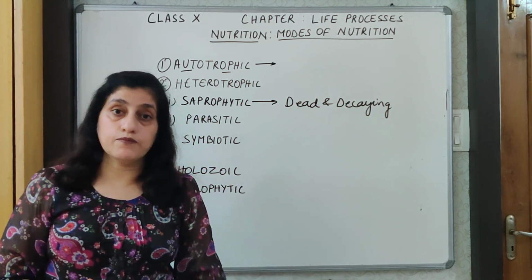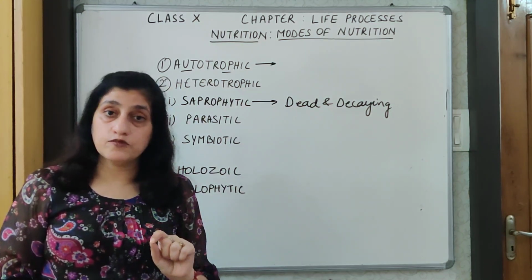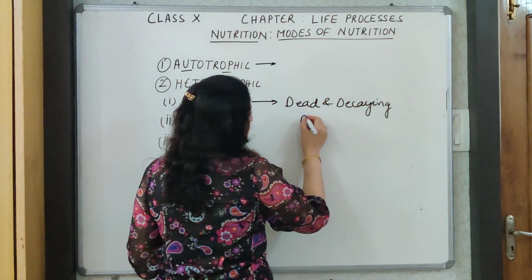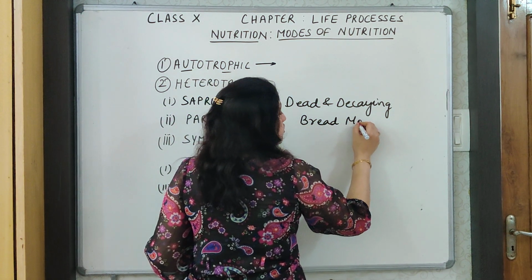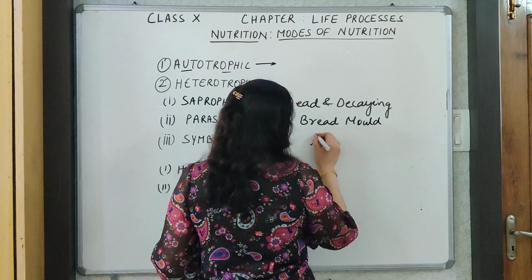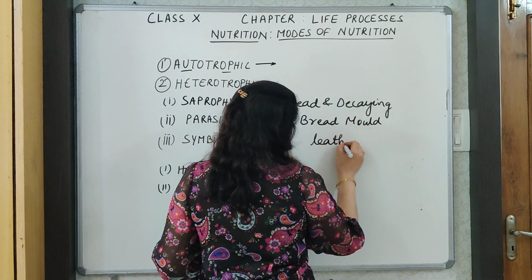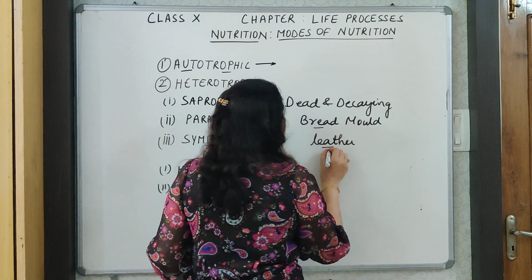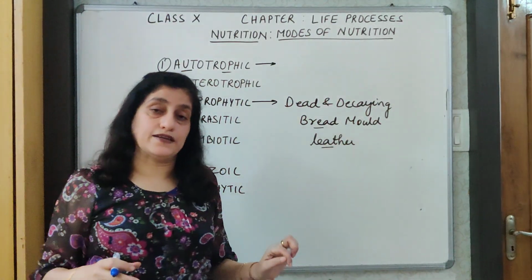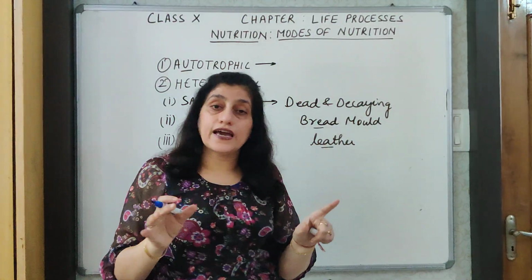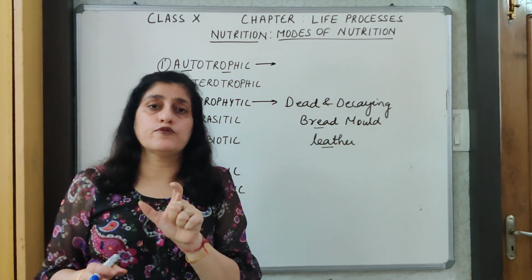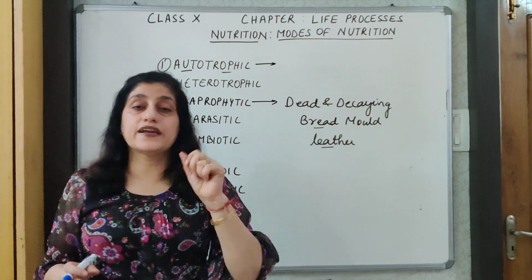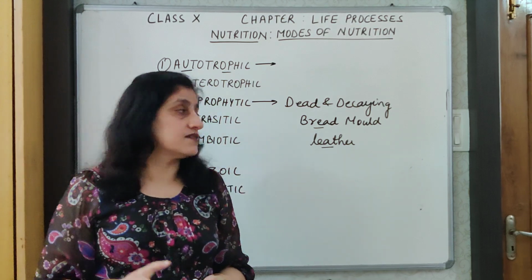I'll give you an example. You have studied bread mold or the bread fungus, the fungus which grows on the bread. It is also found growing on leather. See, bread and leather are basically made from dead matter. It is dead and organic matter because leather comes from animals, so it is basically food type of matter, and similarly bread is made from wheat, which is a dead matter.